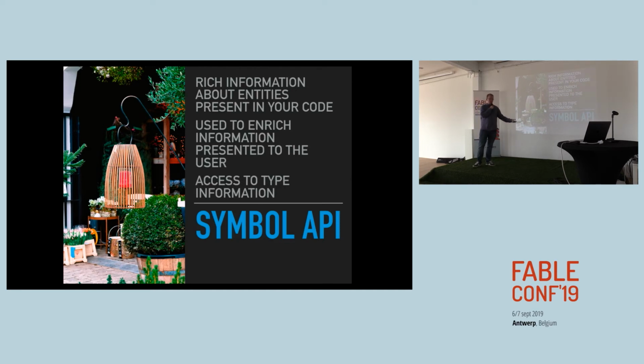That's what is used to format signatures in tooltips in Visual Studio Code or in Rider or in Visual Studio for Mac. Visual Studio doesn't do that. So there are these nice line breaks whenever there's a new parameter and things like that. There is nice formatting of signatures in tooltips. So this is all the information that we have access to. We are using that to enrich the experience of the users.